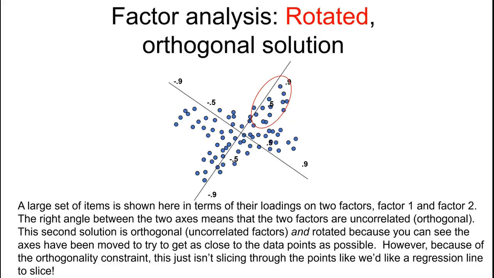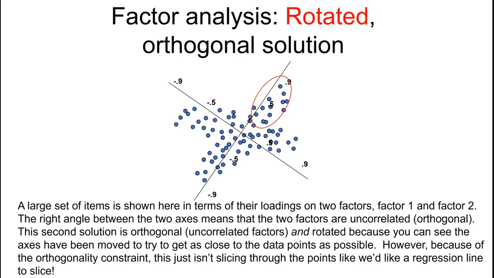But I think it's pretty easy to see in this case that now we've got a cleaner solution somehow. The dots are now more closely related to the factor, i.e. the dots are now closer to either one line or the other and less related to the other line, with nothing more than just a simple rotation of the factor axes.